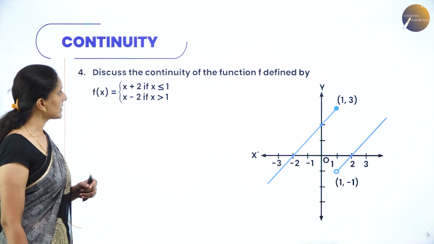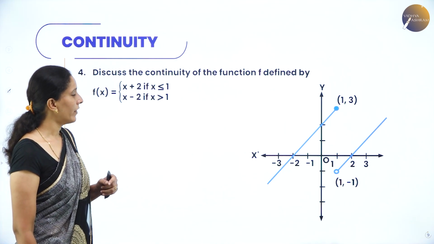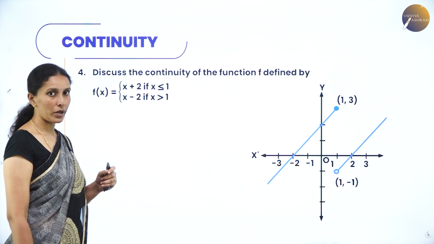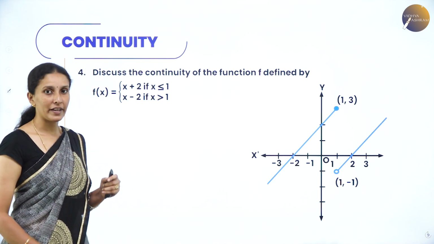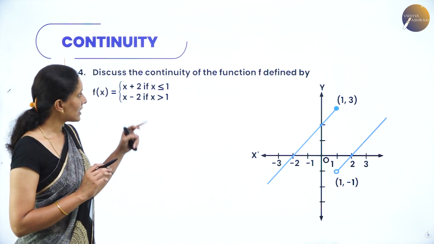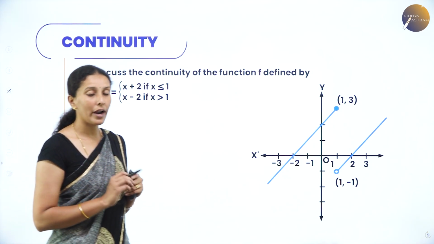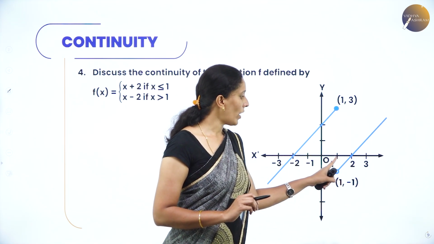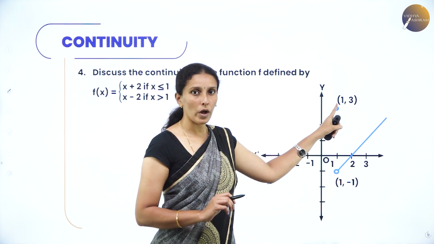Next question. Discuss the continuity of a function f defined by f of x is equal to x plus 2 if x is less than or equal to 1, x minus 2 if x is greater than 1. So we are discussing the continuity of the function at the point x is equal to 1 here. So at the point x is equal to 1, the functional value will be equal to 3.